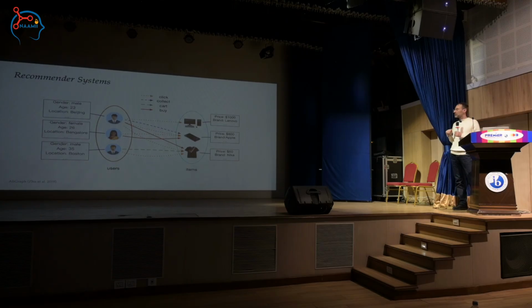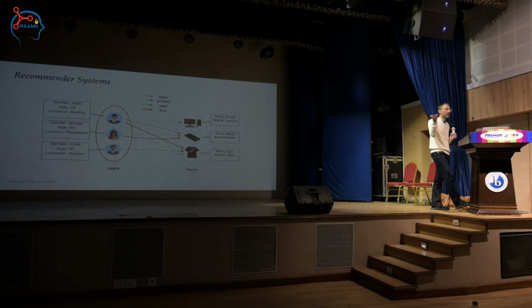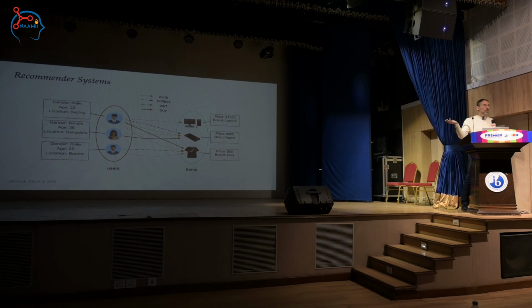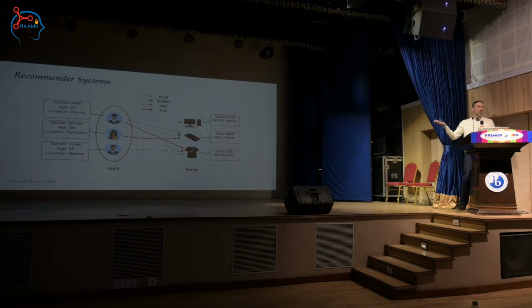What is used in different applications, and what you now find everywhere, from Google to Facebook to Twitter to Amazon, is recommender systems. For example, if a user buys certain products, you would like to suggest what to buy next, or suggest that the user follow someone on a social network, or suggest a video to watch on YouTube. All of them use some form of graph learning.